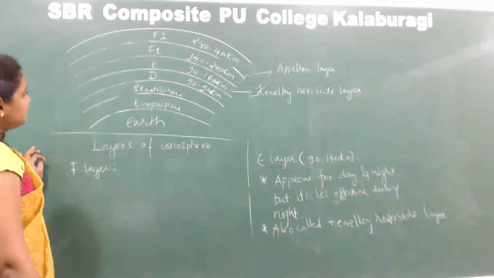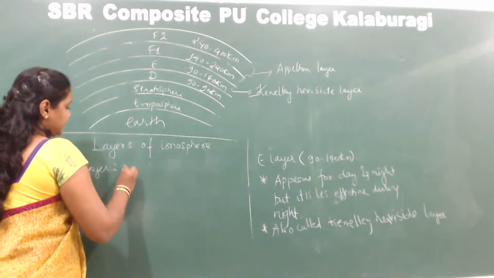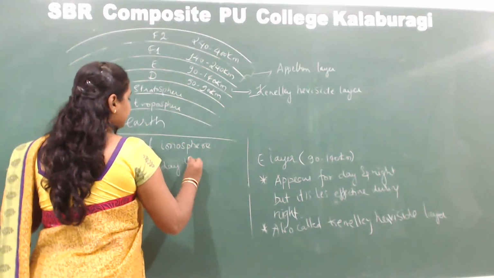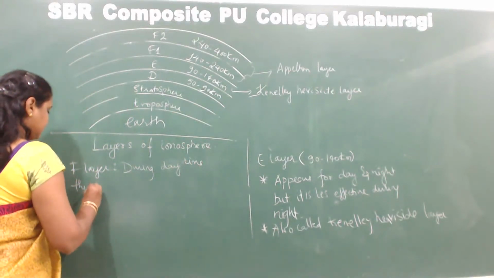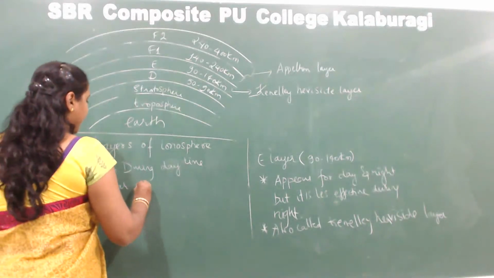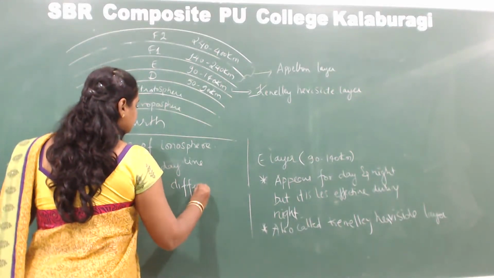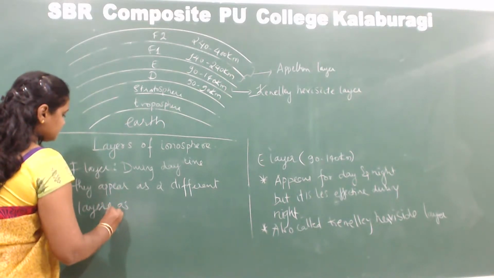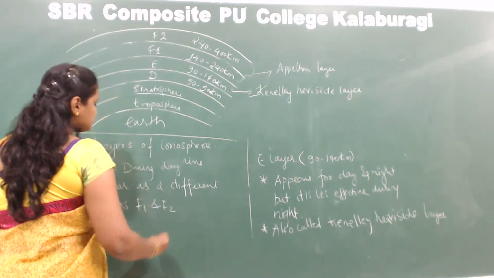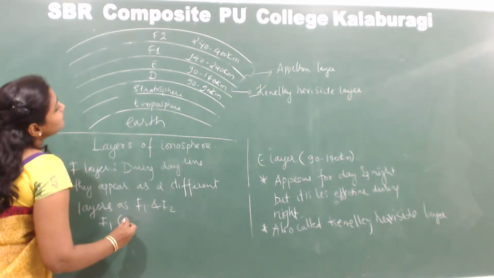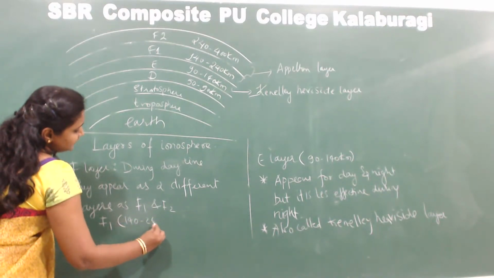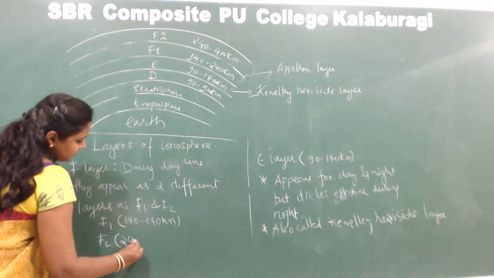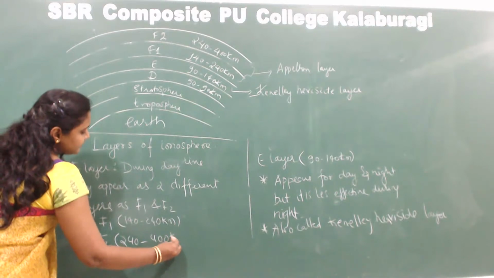Next about the F layer. During daytime, they appear as two different layers, F1 and F2, where F1 is spread over 140 to 240 kilometers and F2 is spread over 240 to 400 kilometers.